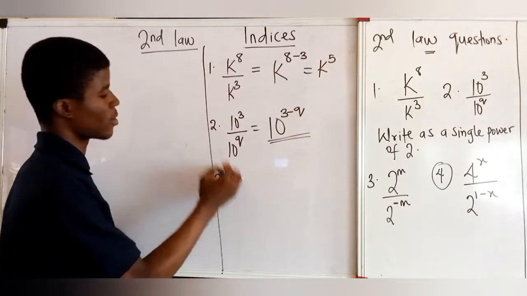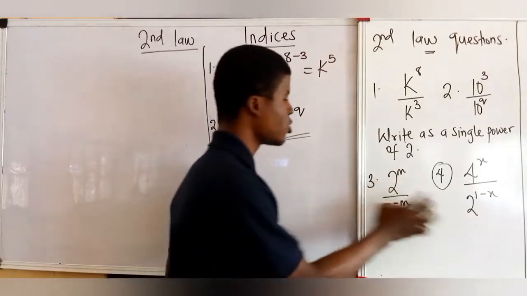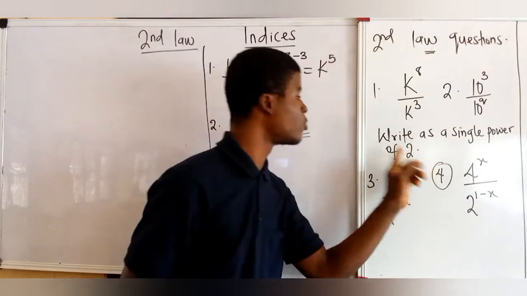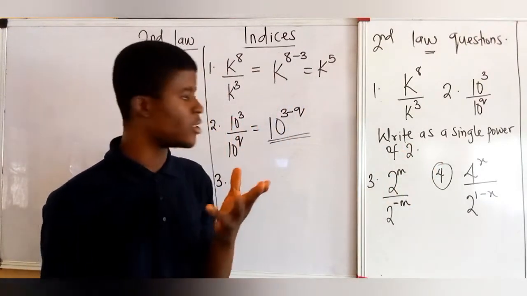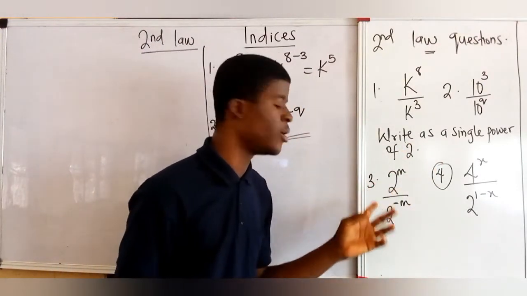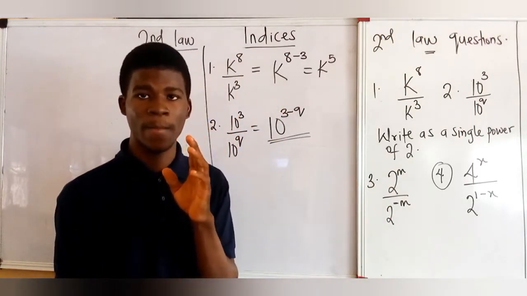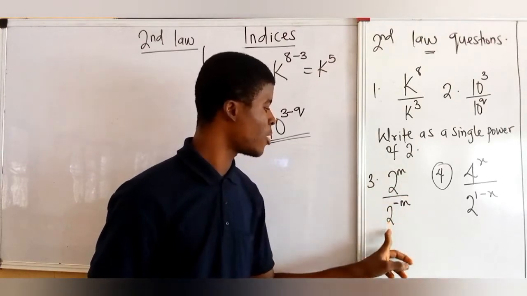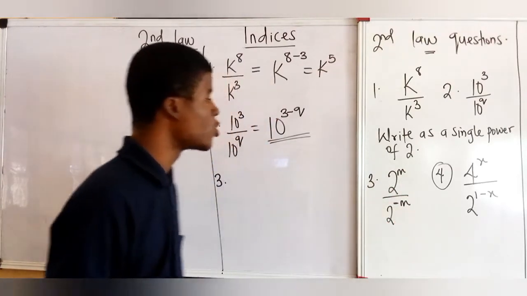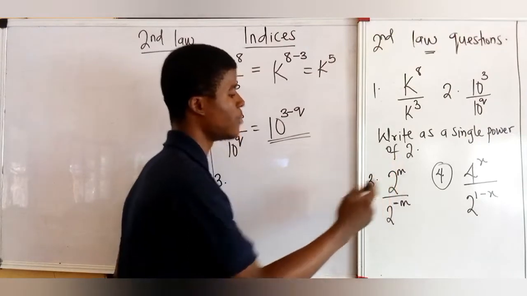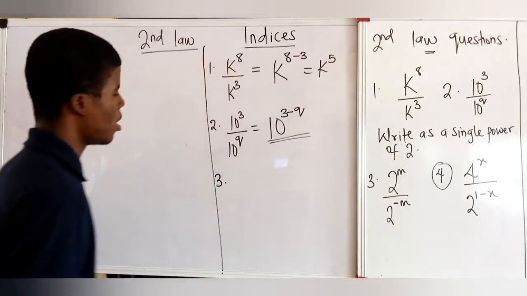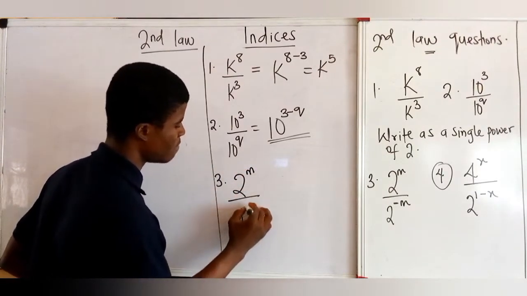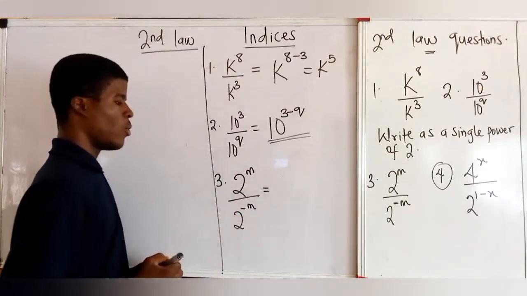Then question 3. We are asked to write these questions as a single power of 2. That is the base. We are going to express this in base 2. Now, this is 2 to the power of m divided by 2 to the power of negative m. So I'm asked to simplify this entire term to a single power of 2. Now this is how I'm going to do it. 2 to the power of m over 2 to the power of minus m is equal to, what do you observe?